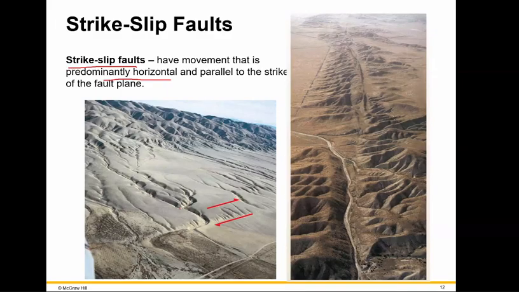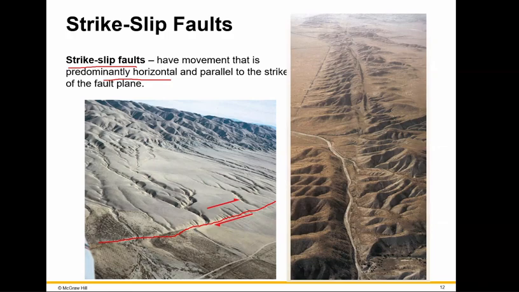If you try to reconstruct, okay, what you see on the screen, you can see that the red arrows are telling us the sense of movement along this fault here. Okay. In fact, they suggest that it has moved, and that if you try to reconstruct this, it has moved a distance.